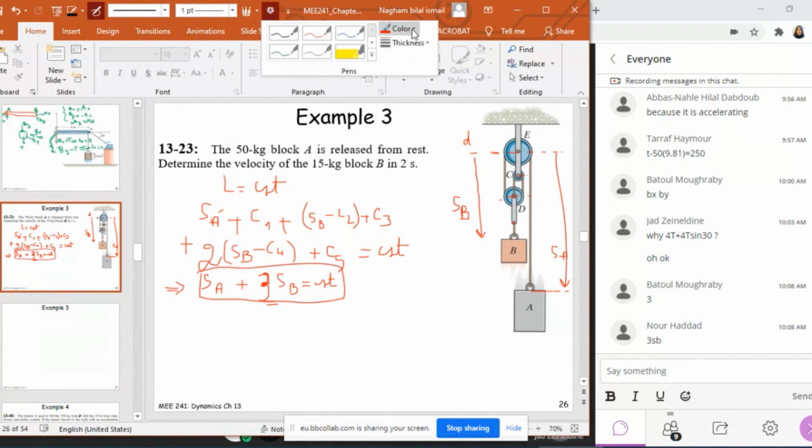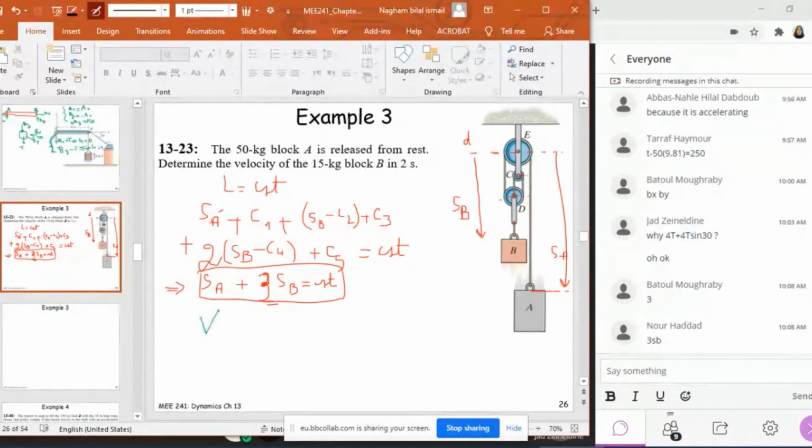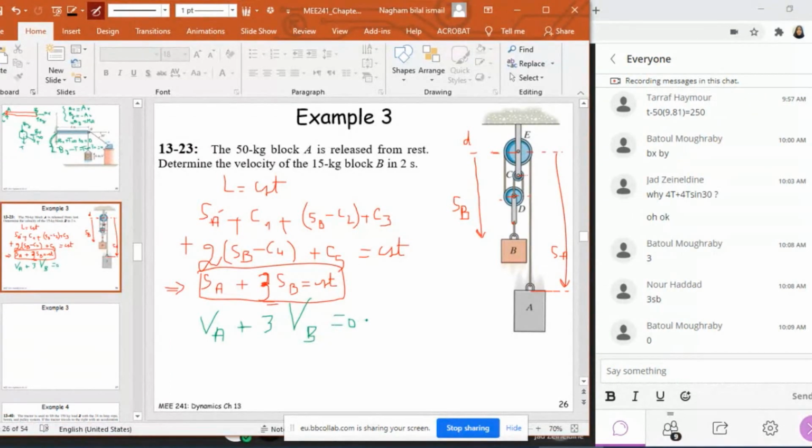If I take the derivative now, in order to find the equation of V, I have VA plus 3VB equal to 0. From here, I can find V0A or V0B, because I know that A is released from rest.